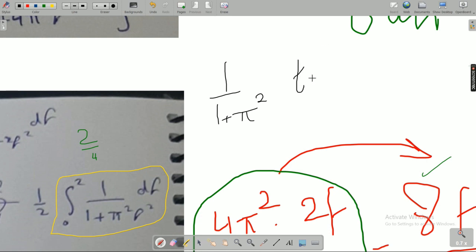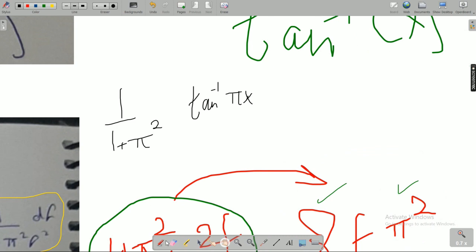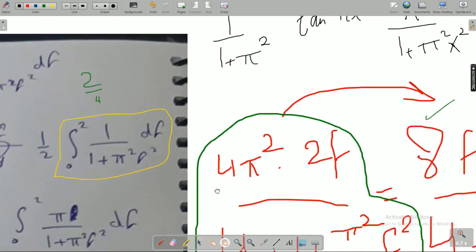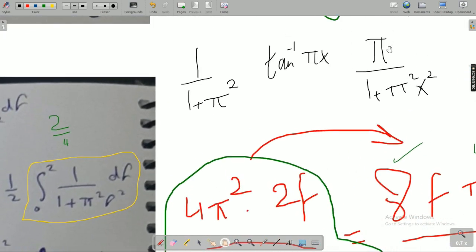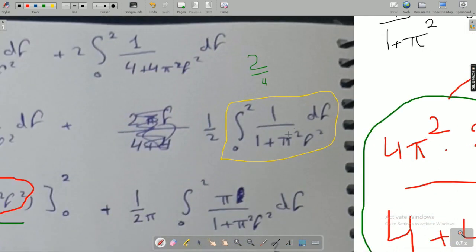So let us see if I have tan inverse pi x. Its differentiation equals pi over 1 plus pi square x square, which is the same case here. However, I don't have the pi on top, so it's a little bit easy.